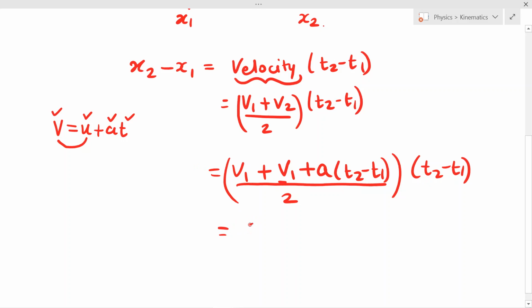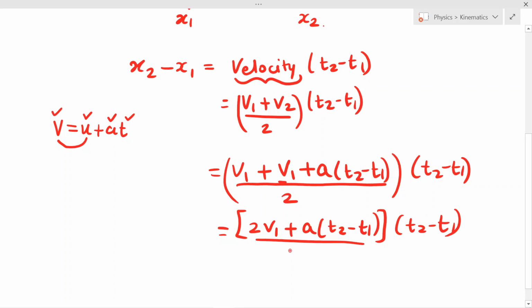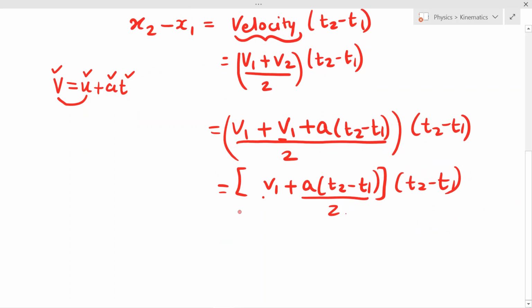Now this becomes 2v1 plus a times t2 minus t1, this whole into t2 minus t1, and we will divide by 2. Upon dividing by 2, this 2v1 by 2 will become v1, and the other term will be divided by 2. Now this equals v1 times t2 minus t1 plus a by 2 times t2 minus t1 whole square.